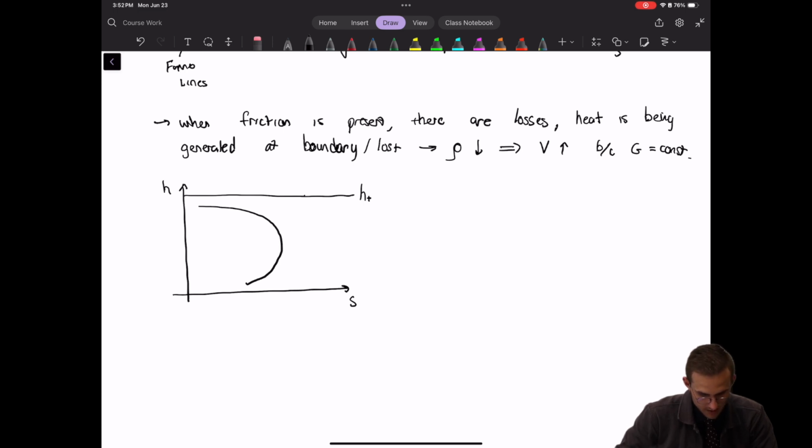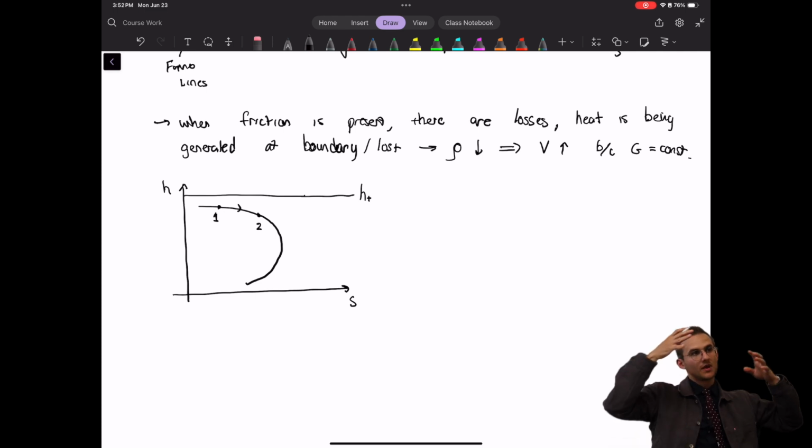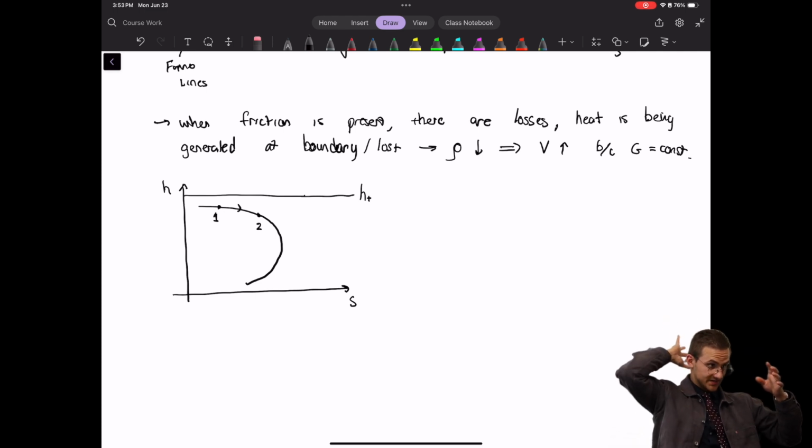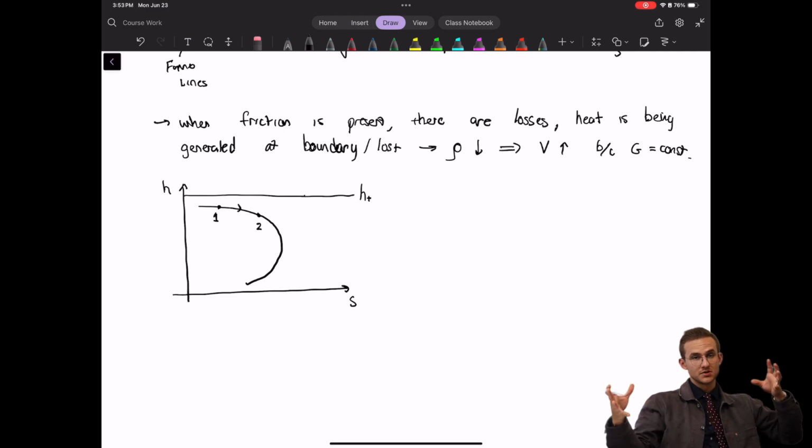Okay? And so let's look at state 1 at one point in the duct and state 2 some point downstream. Why did I draw it this way? Well, we know that as the flow progresses down this duct, there's entropy production, right?